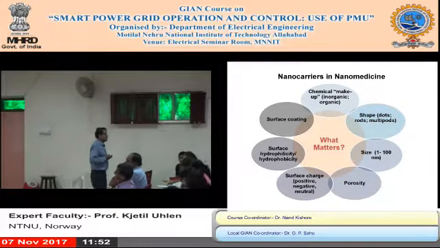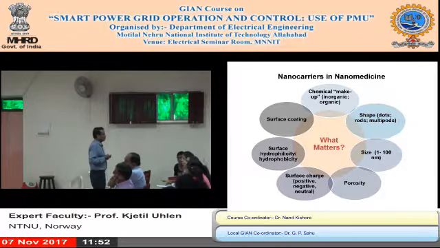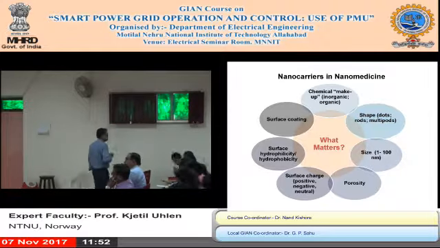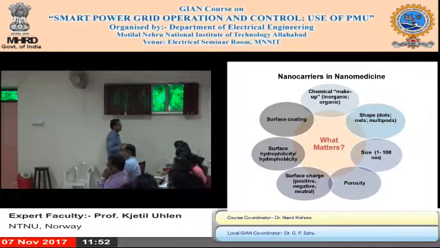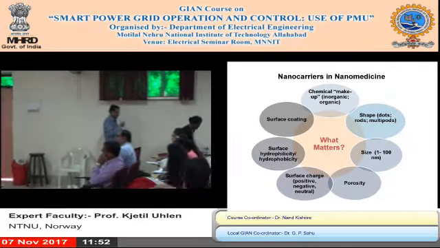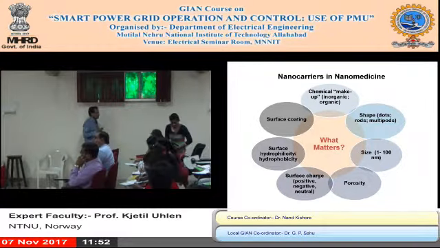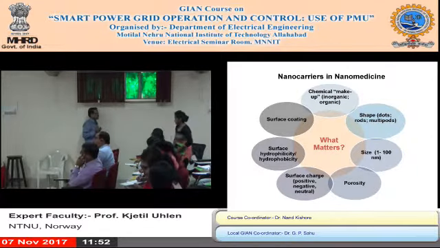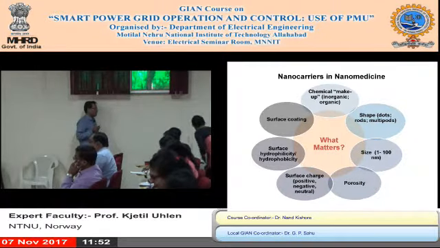Well, it depends. For example, if you want to do photothermal therapy, then the nanorods and the nanostars are much more effective. But to make them biocompatible, we have to surface coat them with other polymers. But when we coat with the polymer, does the shape remain as it is? Well, it depends. Suppose you're putting a few layers of a very thin coating, then the characteristic shape will be maintained.